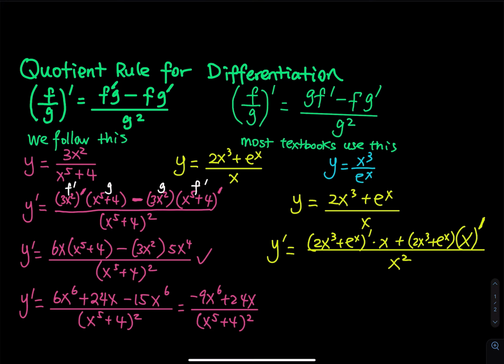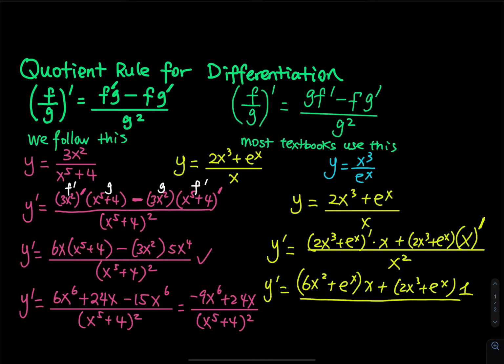Next step, we have to take the derivative of the numerator. So y prime is 6x squared plus the derivative of e to the x, which is still e to the x, and then you multiply by x, and then you minus 2x to the 3rd plus e to the x, times the derivative of x, which is equal to 1, and then you divide by x squared.